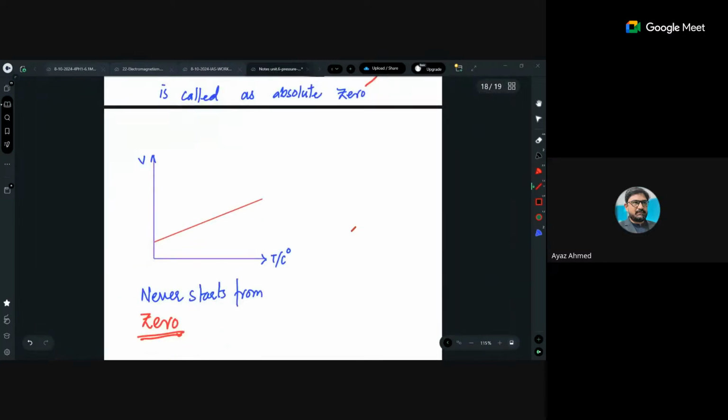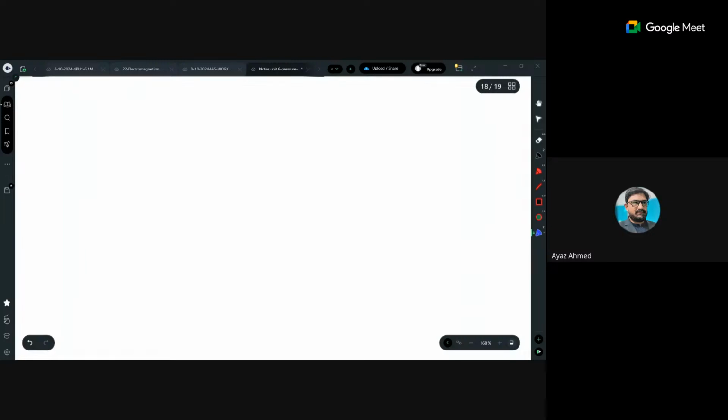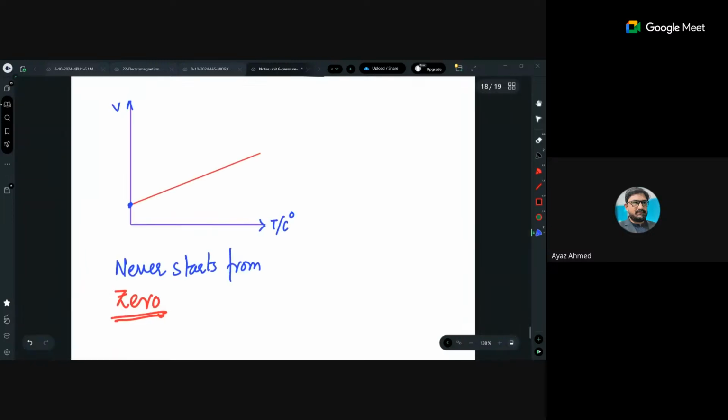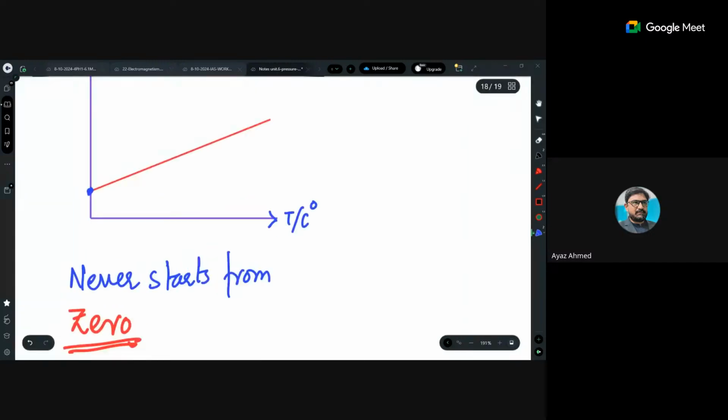And this is actually the volume at 0 degree centigrade, right? Are you getting it? It is 0 degree centigrade.